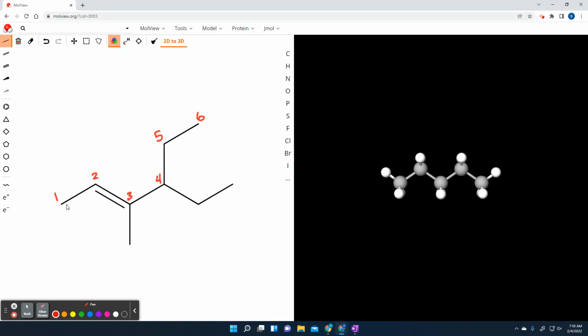So ultimately, I know I have a 2-hexene. Identify my branches. I got a methyl on number 3. That looks like a 2-carbon branch, an ethyl on number 4. Remember, we put those in alphabetical order. So we have a 3-methyl.